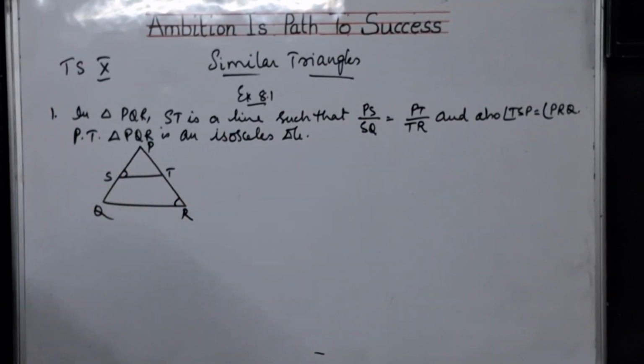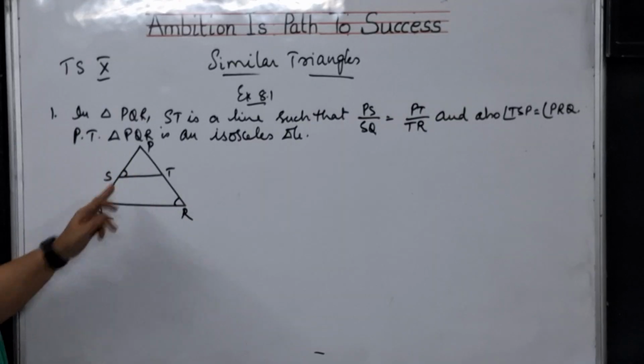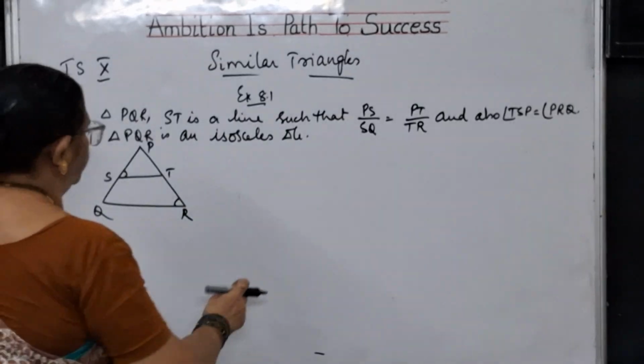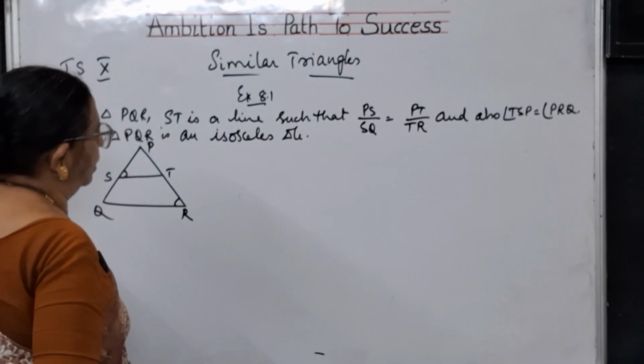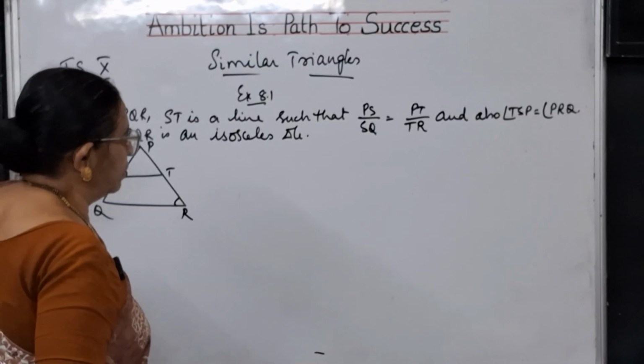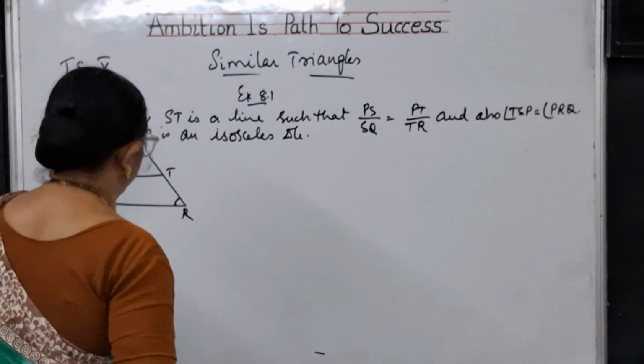Now you need to prove that this triangle PQR is an isosceles triangle. What do you mean by isosceles triangle? Isosceles triangle means a triangle in which two sides are equal.